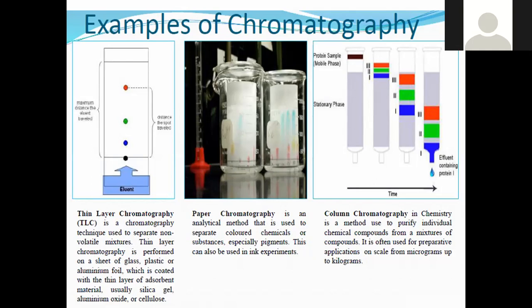Most probably this paper chromatography is used for the separation of dyes or pigments or for ink. So this is called paper chromatography, and here the medium is paper, here the medium is thin layer.